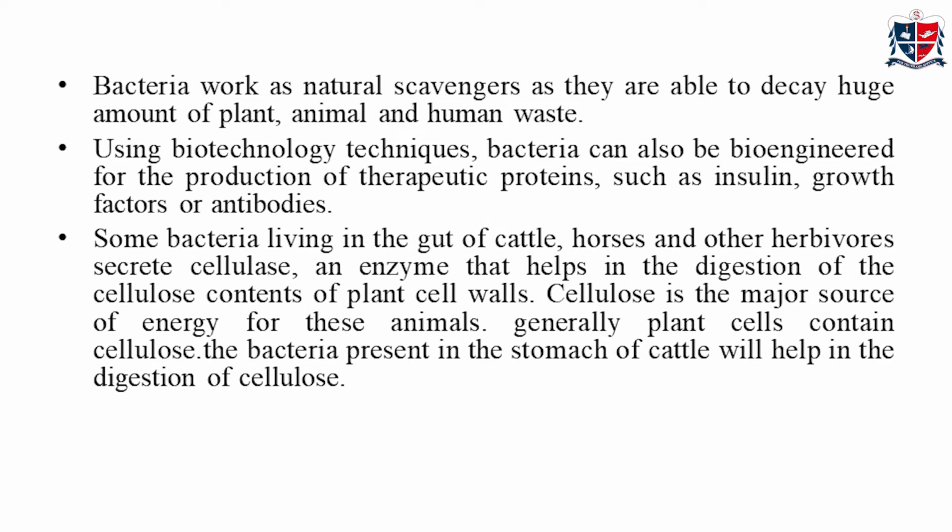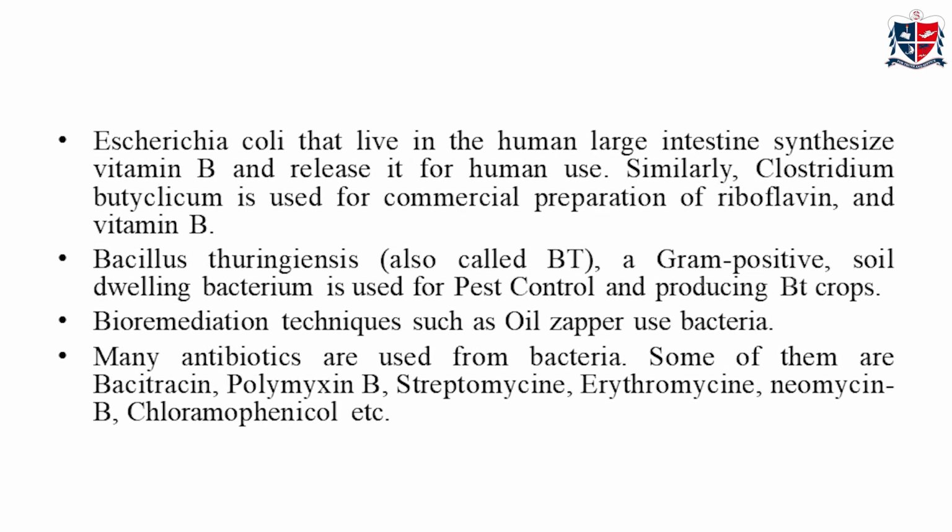Cellulose is the major source of energy for these herbivorous animals. Generally, plant cells contain cellulose, and the bacteria present in the stomach of cattle help them digest cellulose. And E. coli that live in the human large intestine synthesize vitamin B and release it for human use.